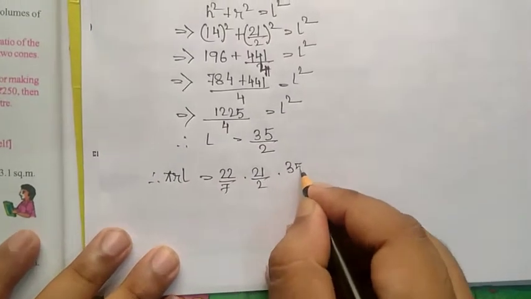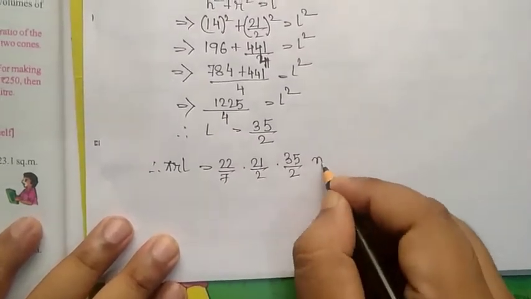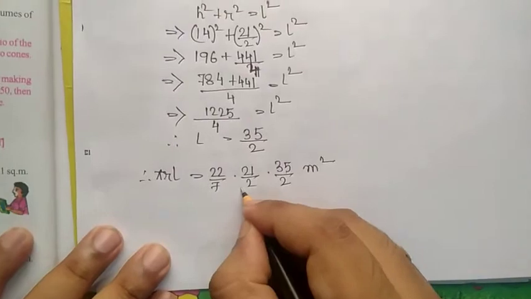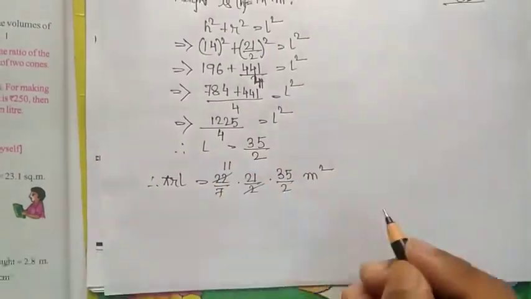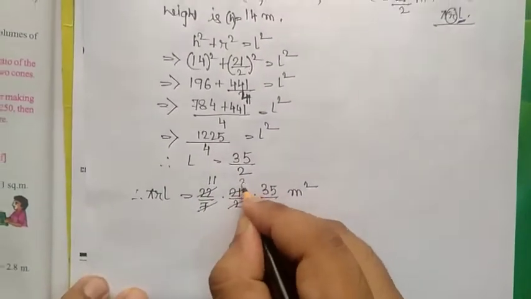Eliminating 2 from 22, it should be 11, and 7 into 21 is 3.